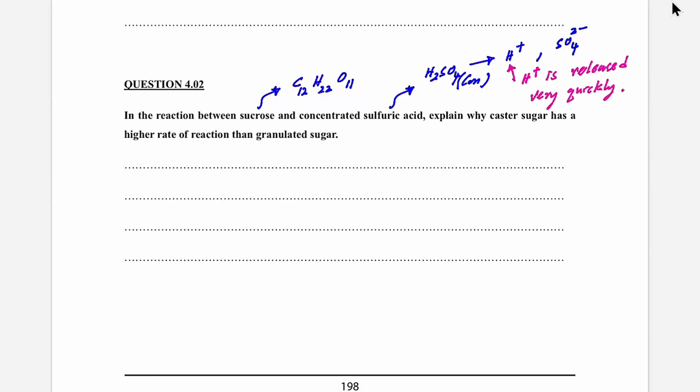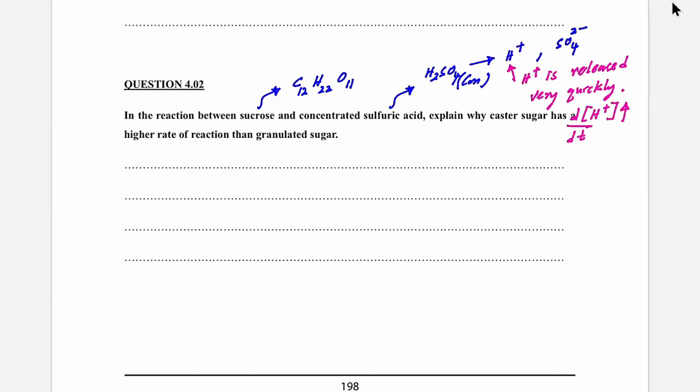In the diluted version also H+ is released, but slowly. So it's not about H+ concentration. It is about the rate of H+ release, which is high in the concentrated version. It's the same for the diluted version as well.